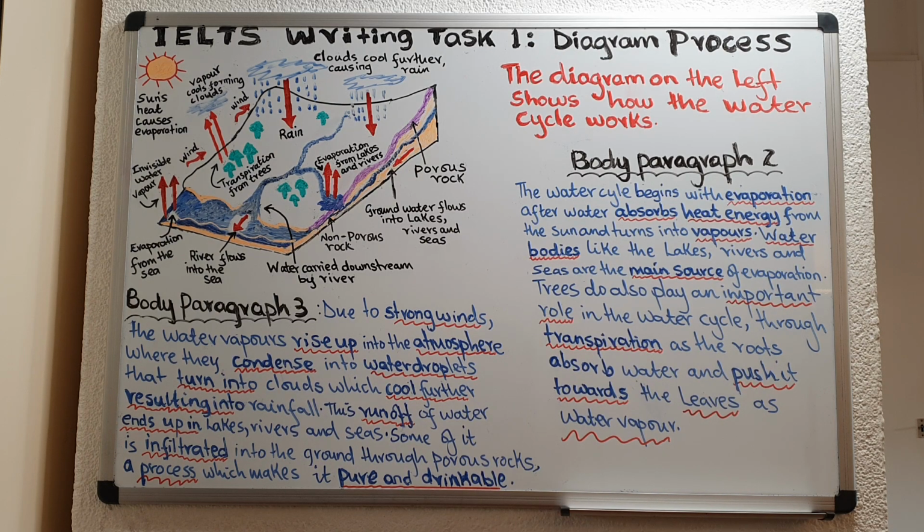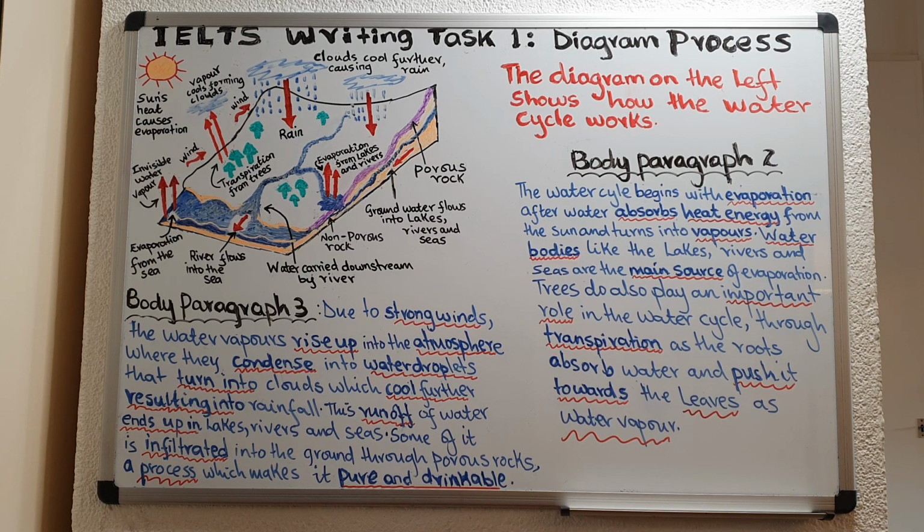Now, when we look at this diagram, it's showing how the water cycle works, and it all begins with the sun, okay? It all begins with the sun that heats up water that is in lakes, rivers, and seas, okay?